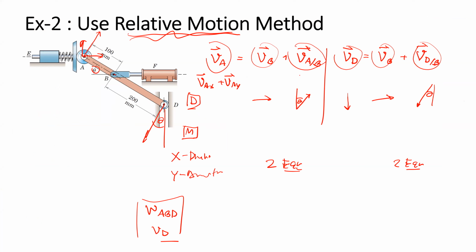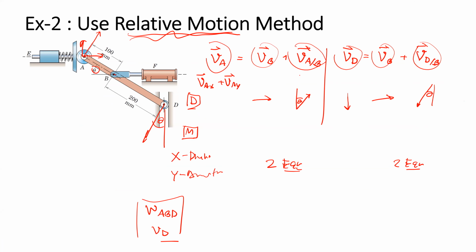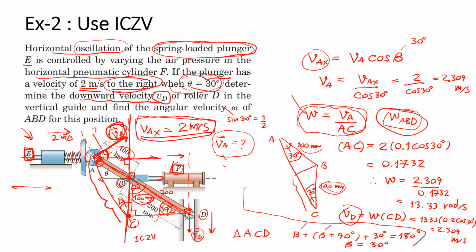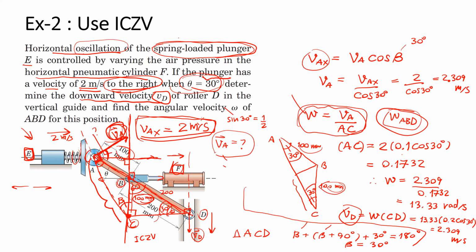In the previous week, we tried to solve this problem using the ICZV method. And it's very simple to use the ICZV method, but we need to understand the picture.